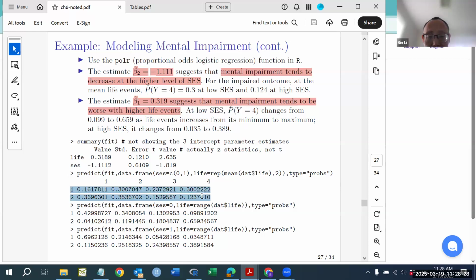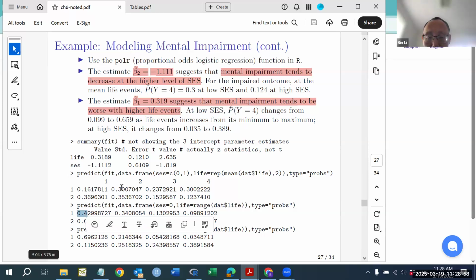So comparing the low and high, you can see the probability of Y being 1, that means well, is much higher when the socioeconomic status is high. But this one is much lower. Okay, so you can see the effects.